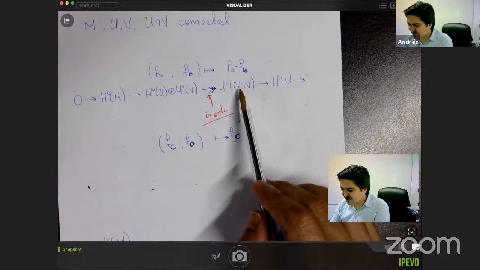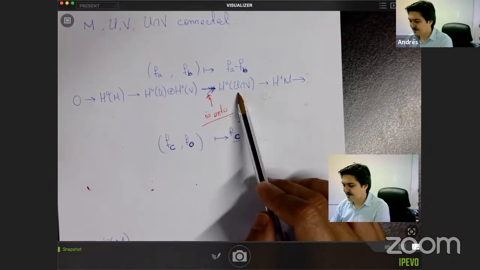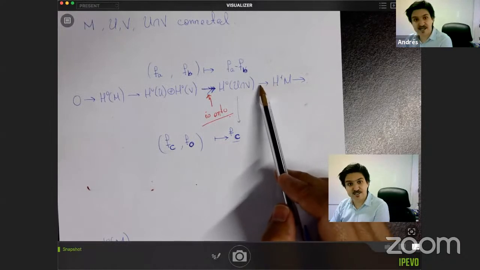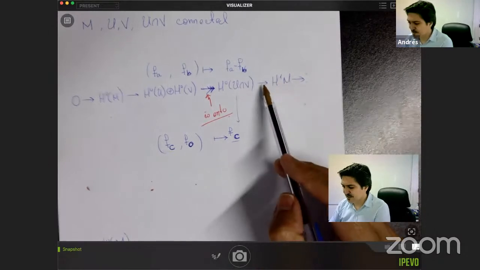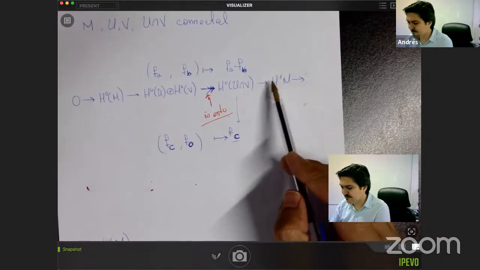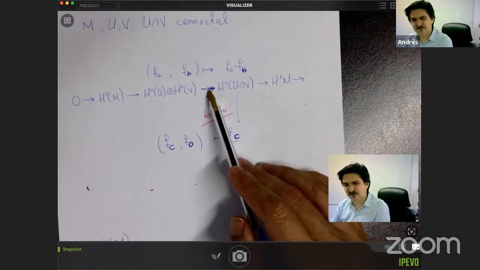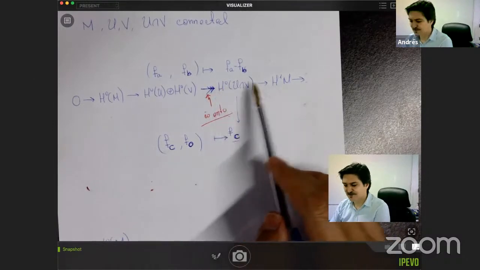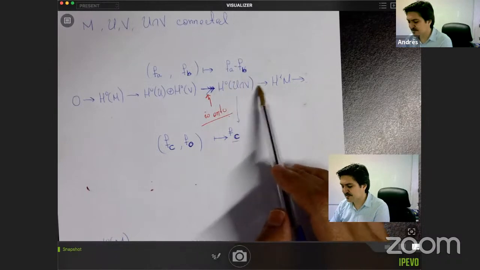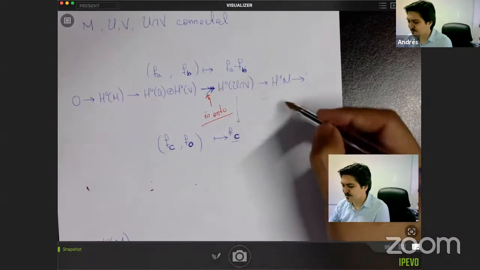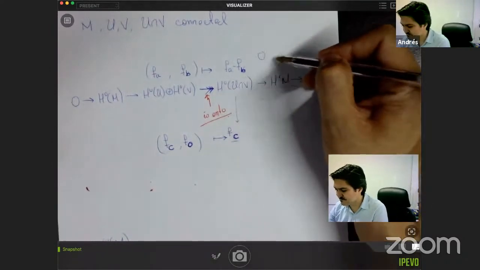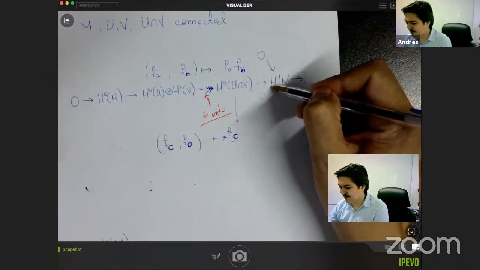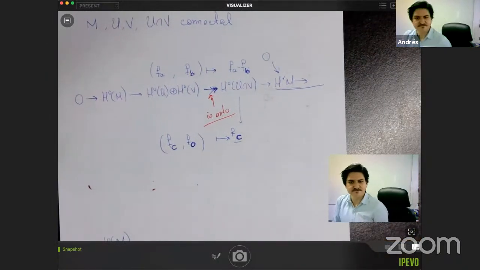And if this function is onto, that means that this function, by exactness, is the 0 function. Because the kernel of this map is the image of this map. So you can, instead of having this sequence, you can start with 0 and continue on. Okay?